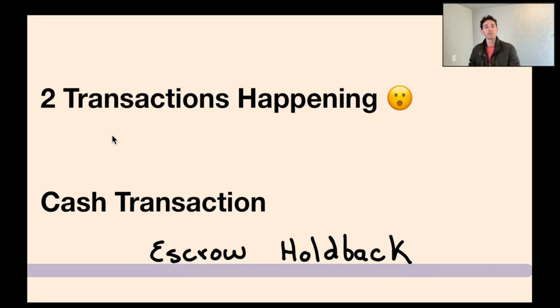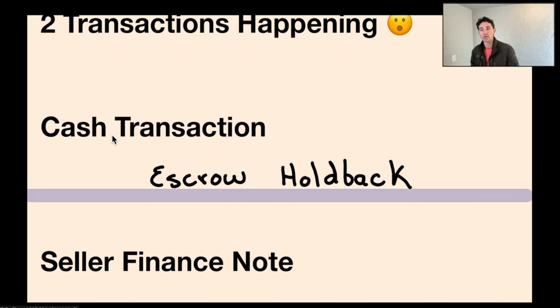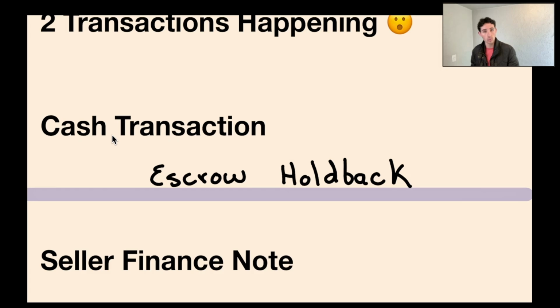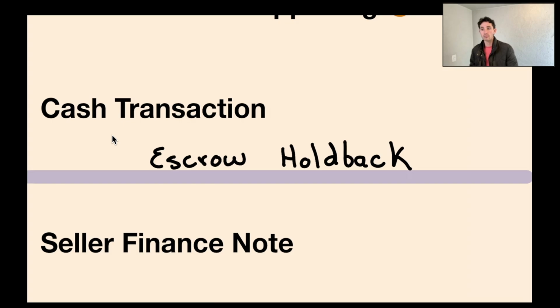We wait a couple of days for everything to be recorded, because now we also record the seller finance note. So this is where everybody gets paid. The buyer gets their cash back, the seller gets the money they were supposed to get as a down payment, and the transactional lender gets the down payment plus closing costs back, plus their fee.